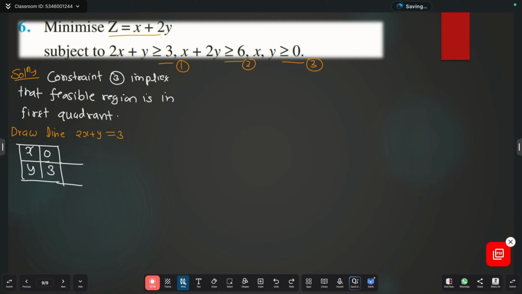But if I take y value 1, then what is x value? 1. So this is also no problem, not always x 0, y 0. Any point you can take, because when you join the line, there are infinite points on the line. We need only 2 points to draw the line. I have taken y 1, x 1 because I am getting a very nice number. Otherwise 1 by 2, that is also no problem. So one point is 0 comma 3 and the other point B is 1 comma 1. Okay, graph.